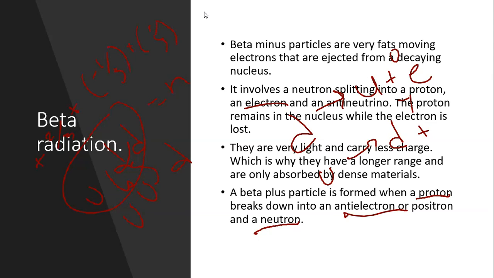What do we get? 0. Right. And what is the charge on a neutron? 0. So now you know why the charge on a neutron is 0.